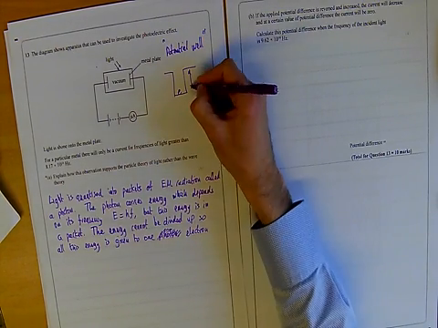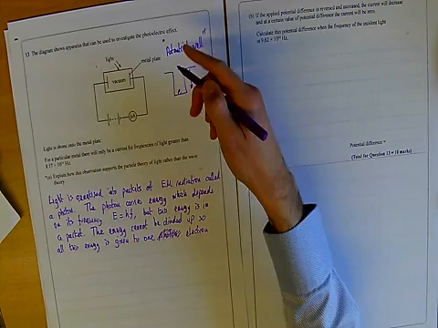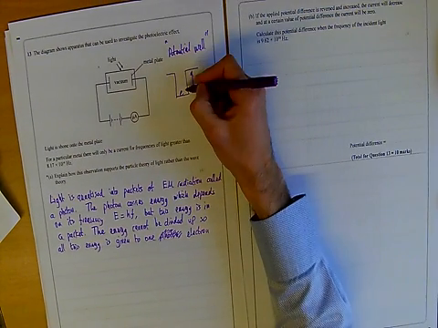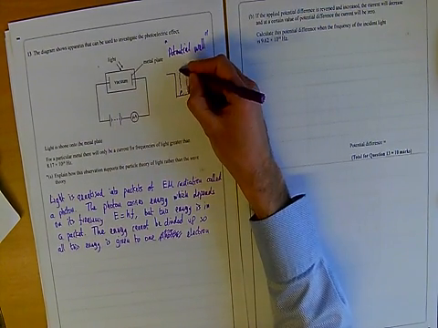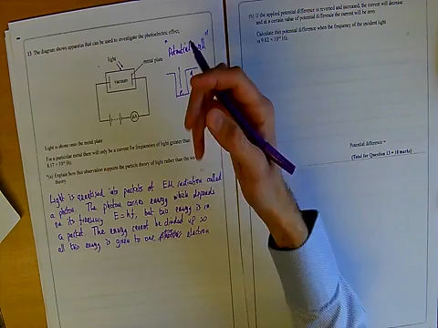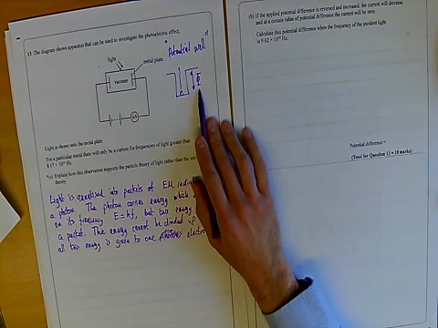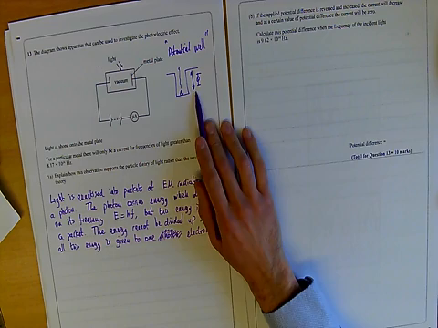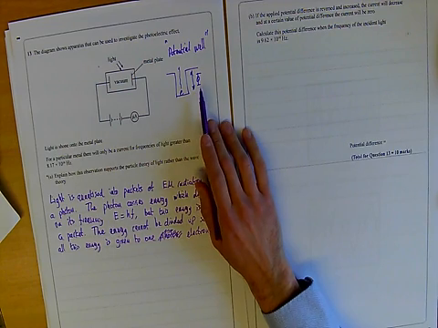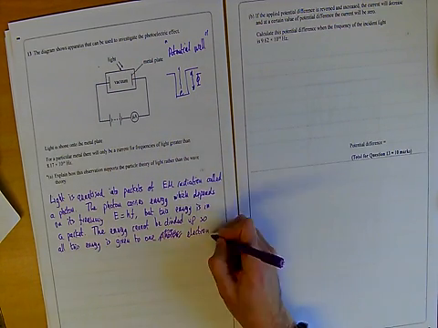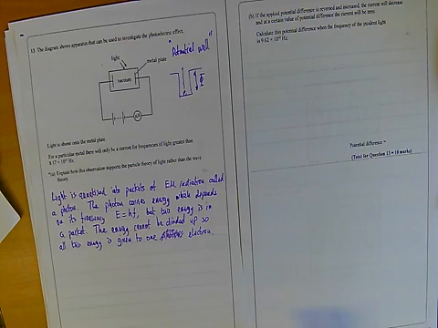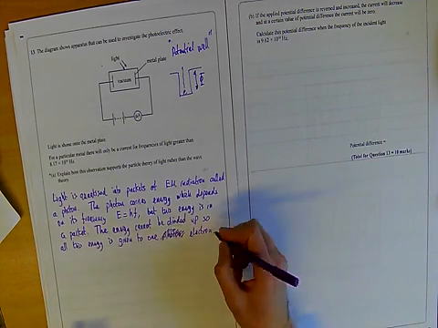There's a certain amount of energy needed to lift that electron out, called the work function. The work function is the energy needed to remove the electron from the surface of the metal, and that is fixed for the metal.